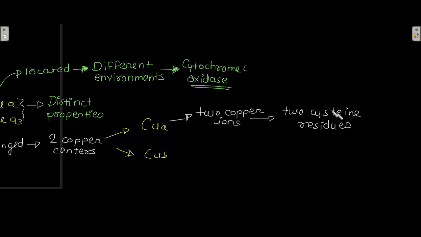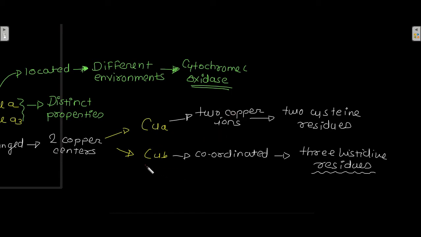And this CuB, the second copper center, is coordinated by three histidine residues.